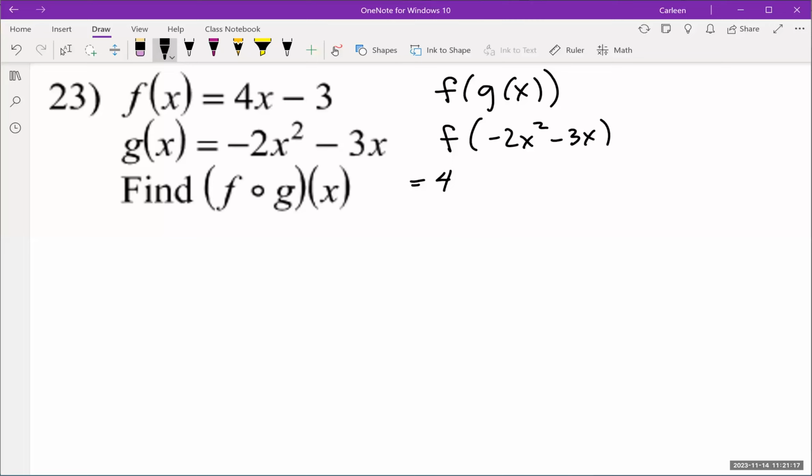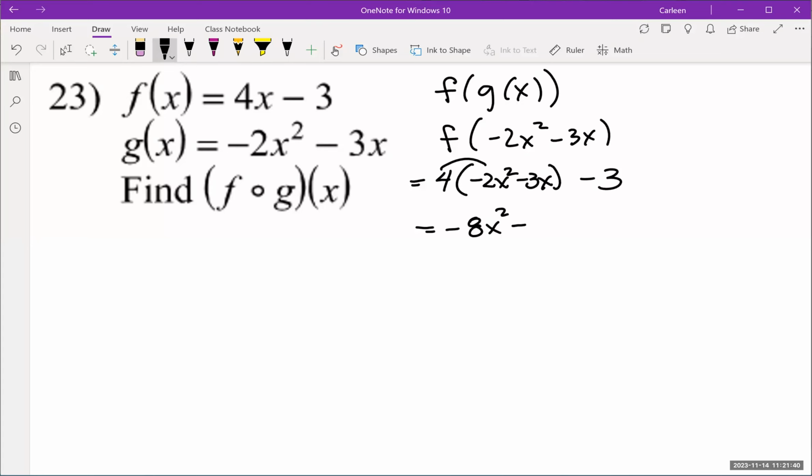Equals 4 times my x minus 3. Okay, so this is negative 8x squared. Oops.